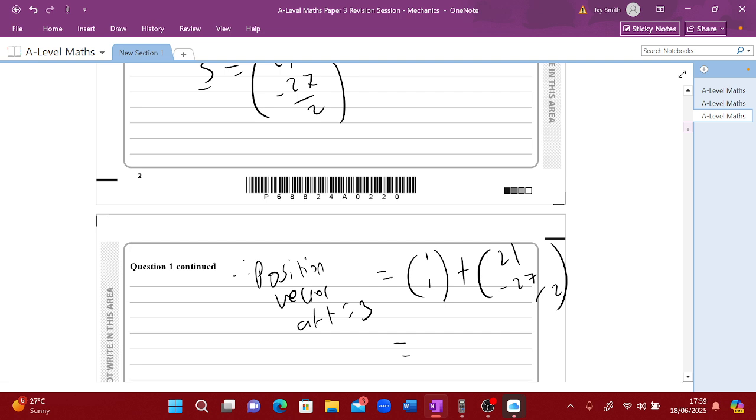So then you need to compute that. Well, that's going to be 22, and then 1 minus 27 over 2, and that's minus 25 over 2. And so that is your position vector.